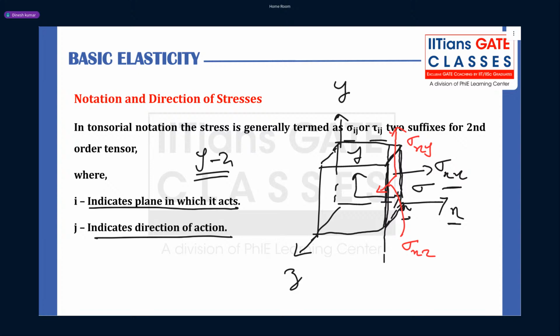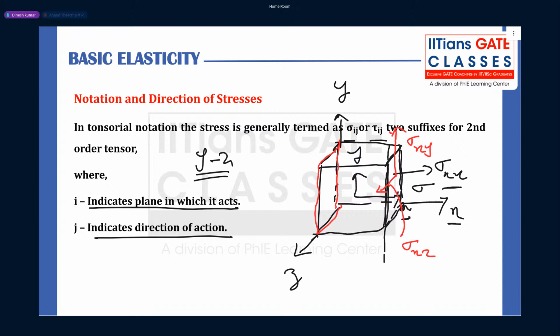Okay, now guys, if you take this plane, what is the normal on this plane? Positive x or negative x?